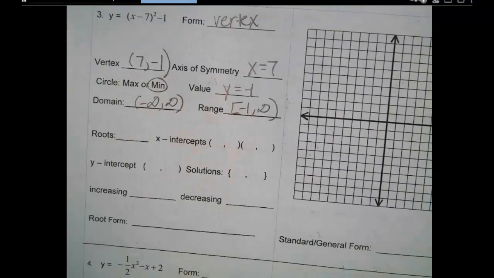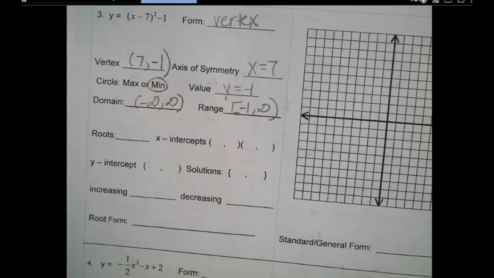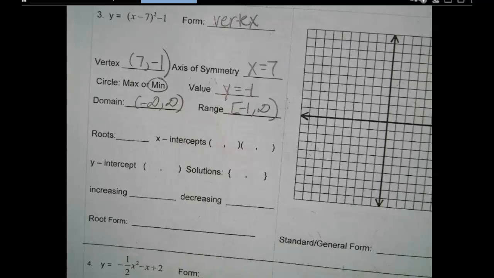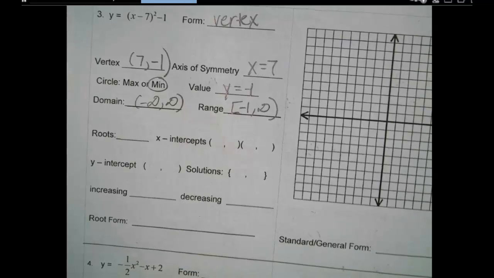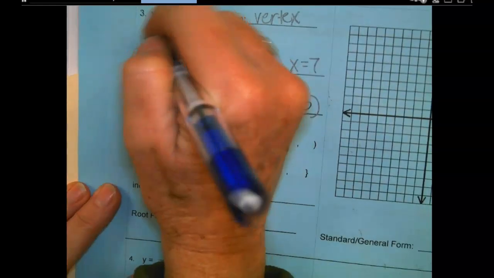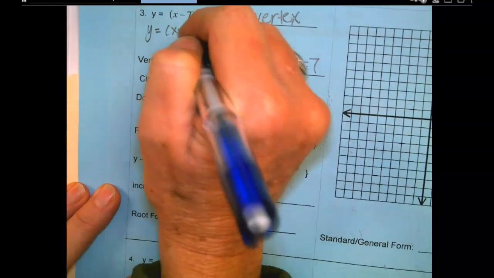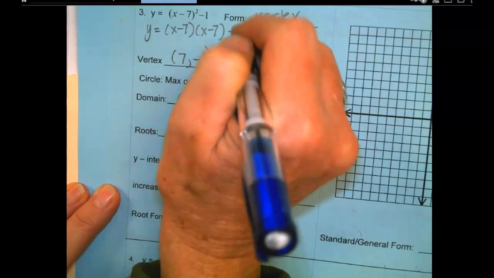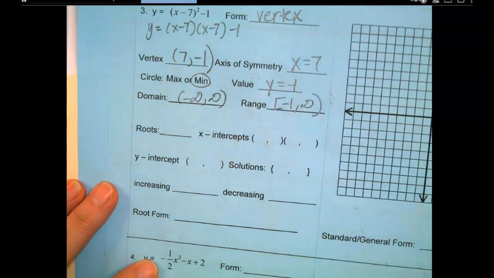I need, what do I need? Roots. So what do you think I'm going to do to find that? Oh dear. Can I do this? Can I multiply?